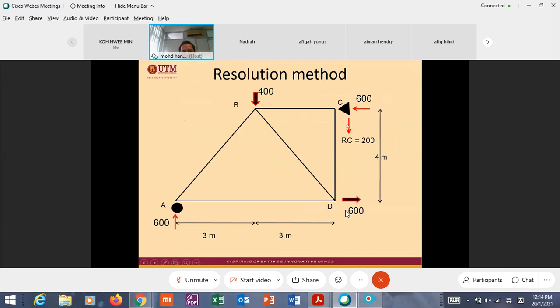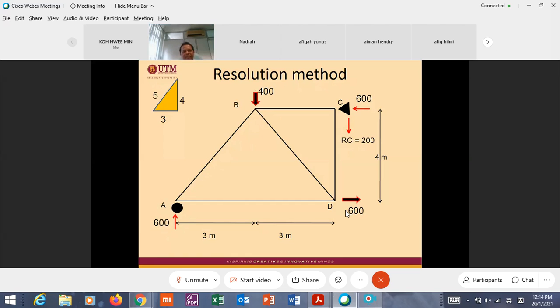So what next? Okay. What is the shape or the slope of the slanting member here? This one 4, this one 3, therefore 3, 4, 5.